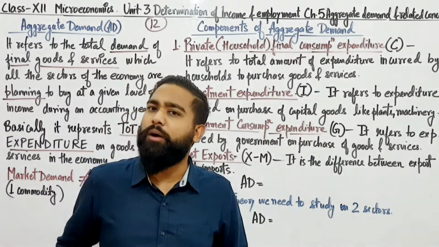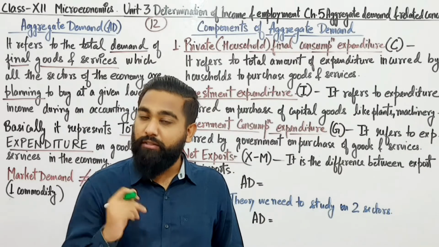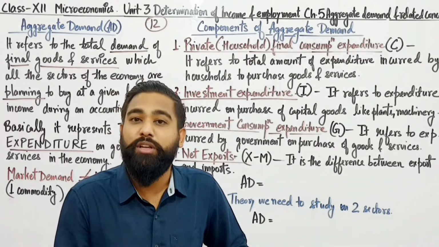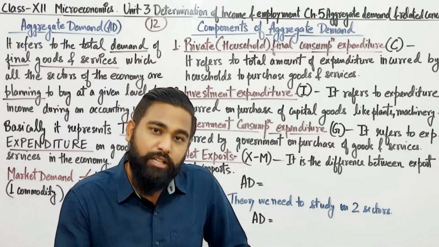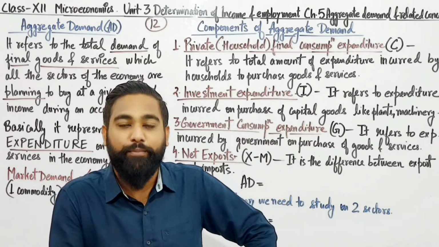Do you remember those components? PFC, private final consumption expenditure, government final consumption expenditure, gross investments and net exports. What if I tell you these four components are exactly the four components of aggregate demand?